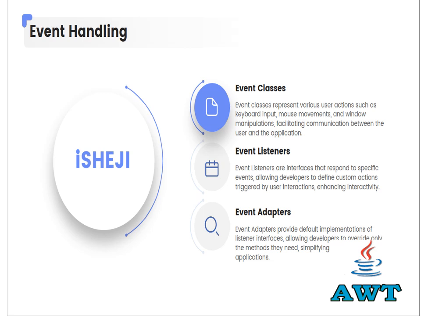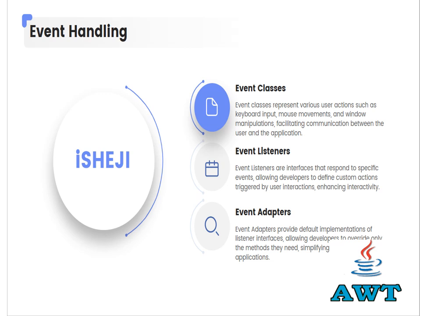Event adapter and event listener are two related concepts in Java event handling. An event listener is an interface that defines methods for handling specific events, such as a button click or keyboard input. Event listeners are used to respond to events generated by the GUI component.